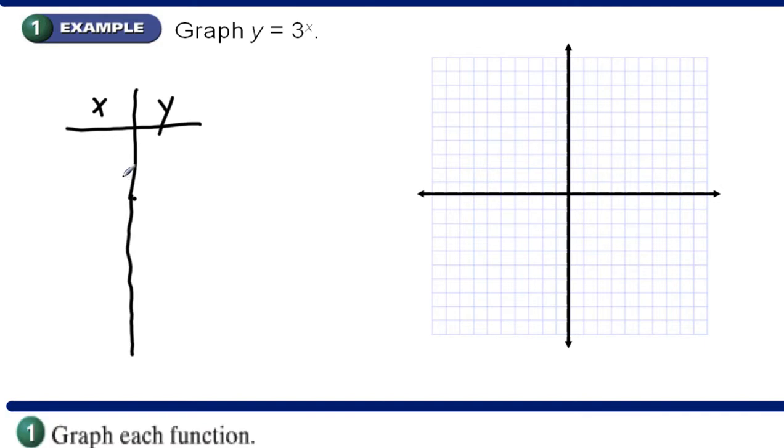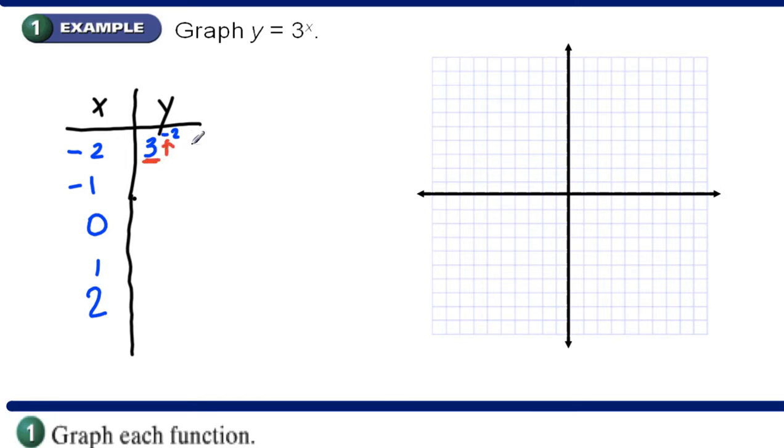All right, so I am going to pick my favorite 5: -2, -1, 0, 1, 2. I always use these just because they're the easiest. So we have 3 to the -2. Well, this negative here tells me I need to flip my base.